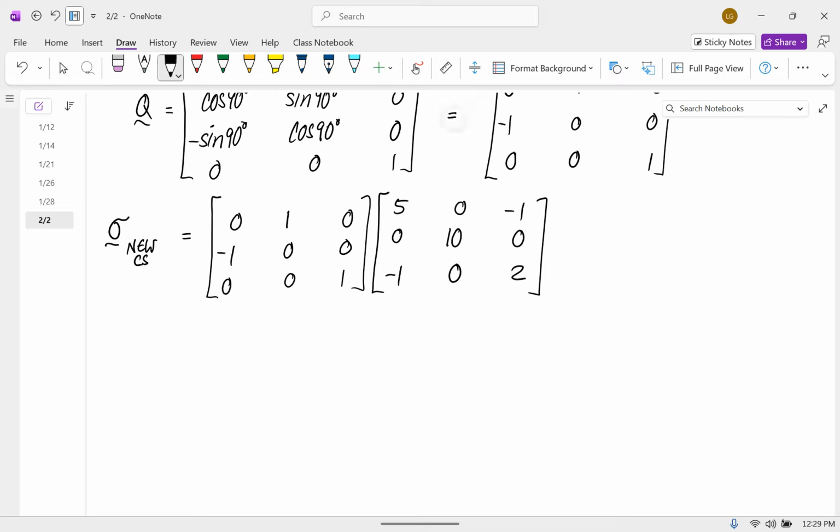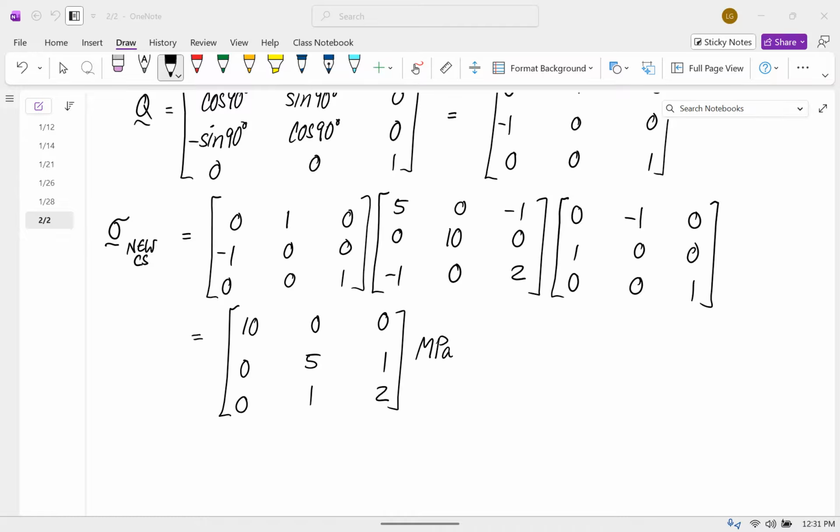And then the transpose of Q, so the first row is 0, negative 1, 0, then 1, 0, 0, then 0, 0, 1. Okay, so there's the answer after we transform this into the new coordinate system.